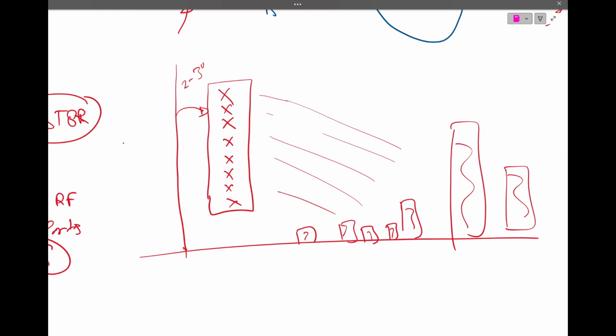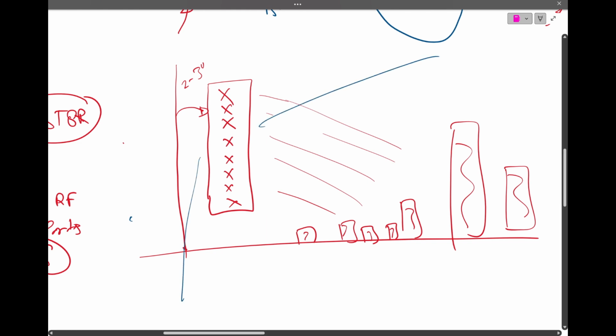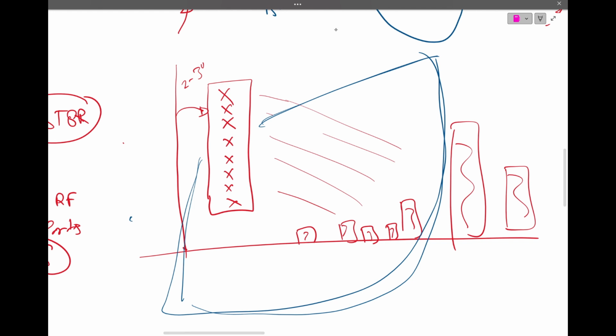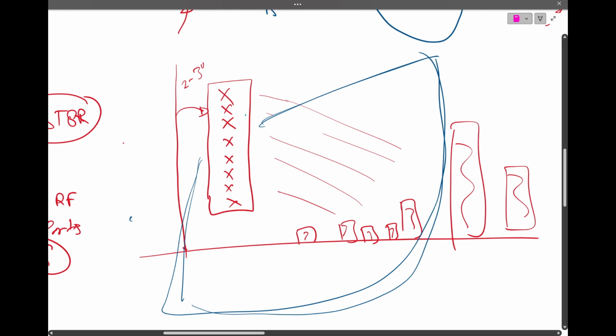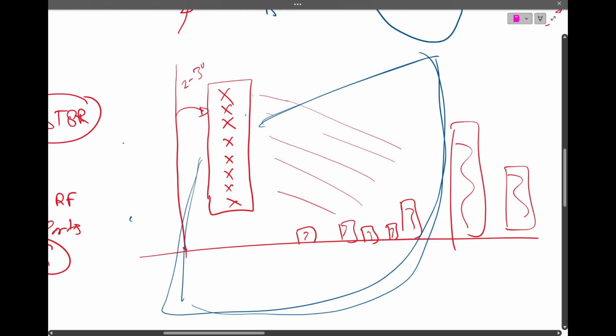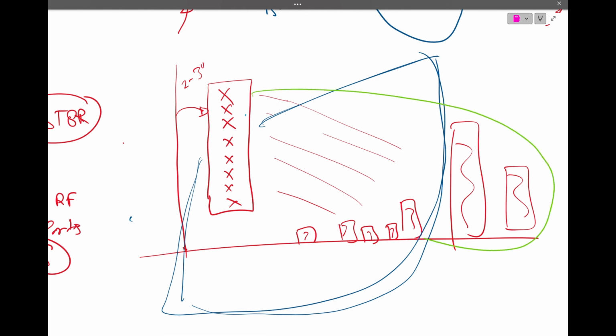Horizontally we mostly want this antenna to give coverage to, let's say, 120 degrees, 60 degrees, or whatever we have planned. But vertically we mostly want it to be directional and pointing towards the ground.